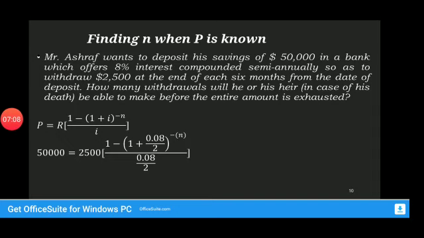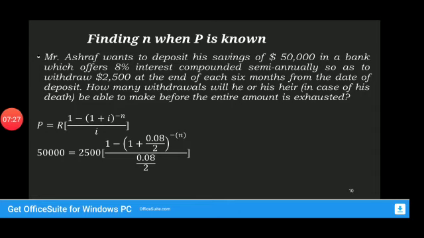How many withdrawals? Now he is asking how many withdrawals, so it means that he is asking about N. How many withdrawals will he or his heir, in case of his death, be able to make before the entire amount is exhausted?